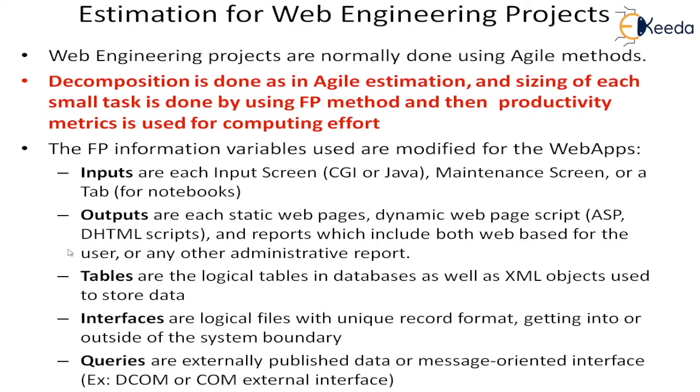And then we can determine the weighted sum. And if we want to use some indirect influencing factors, we can take those factors and arrive at the effort as we had done for the FP method.